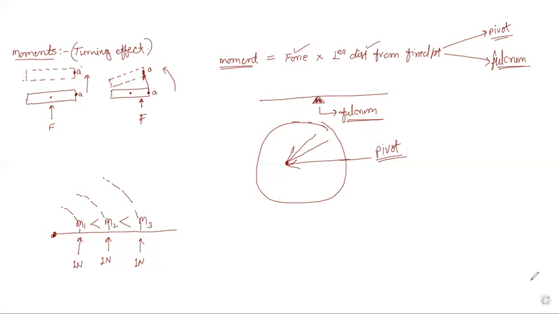Then under this topic of moment, we have two essential cases. The very first essential case we call couple or torque. We will discuss that separately. And the second one, which is more important, I'll go to the next page, that is actually the principle of moments.